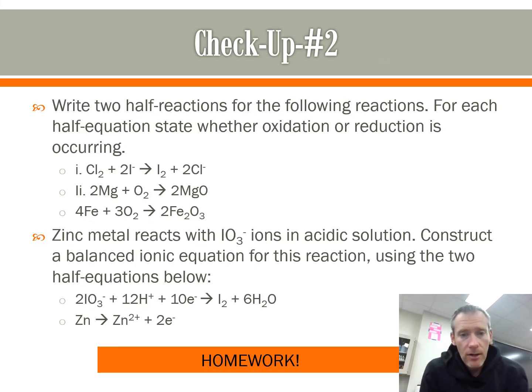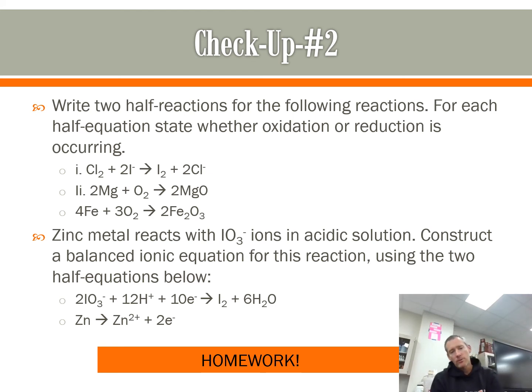So these are some half reactions. In this question you have to show the half reactions between chlorine and iodine, magnesium and oxygen, and iron and oxygen. You can see the second one and third one are going to have the same product in both half reactions.